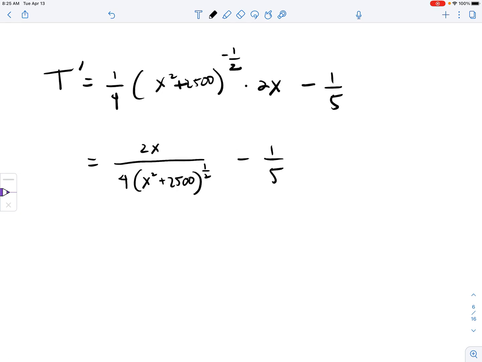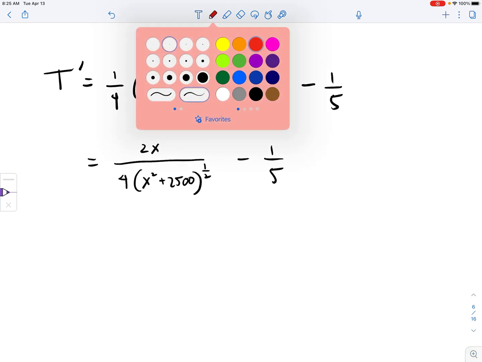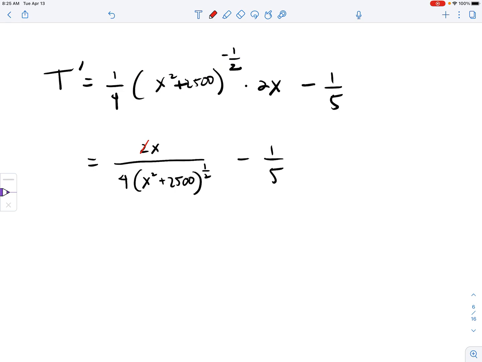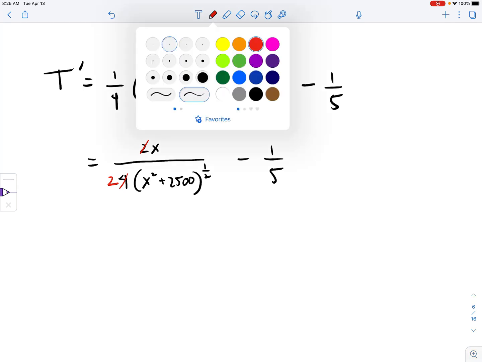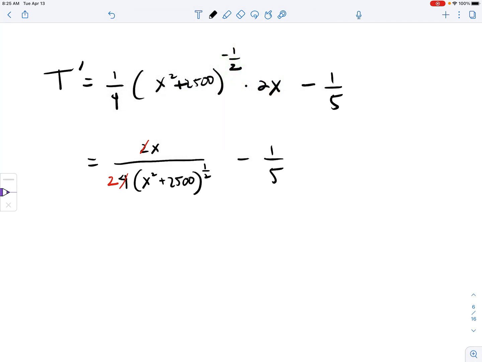And to simplify, 2 goes into 2 once, 2 goes into 4 twice. So we would have x over 2 times x squared plus 2500 to the 1/2 power. Or you can rewrite that as the square root if you prefer.